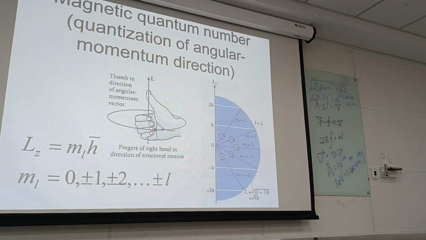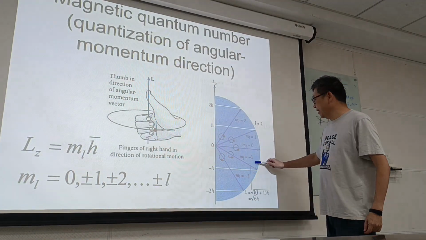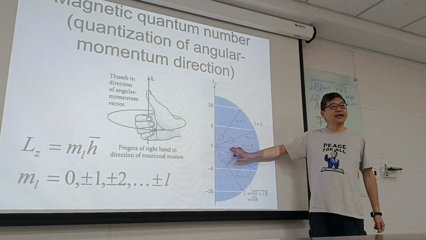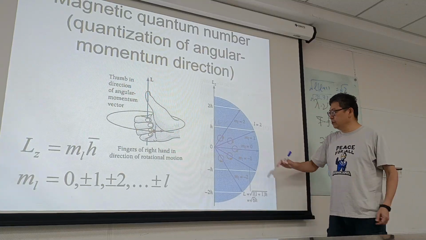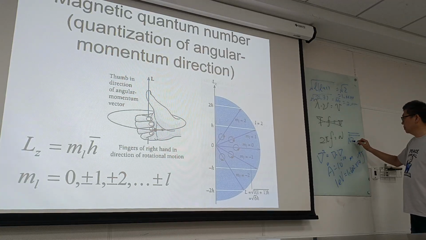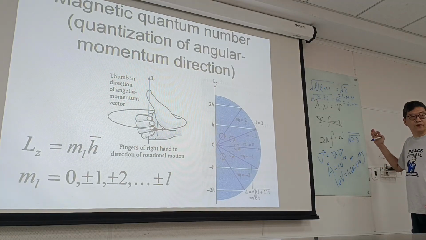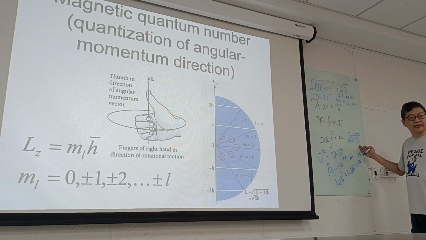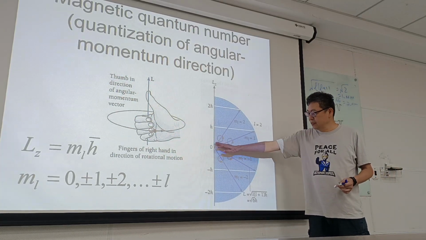You know this. What's the definition of cosine theta or sine theta? Or, let's make it easier. Let's get this angle. So what's this? This equals L times L plus 1, which is 2 times 3, so square root of 6. And what's this?